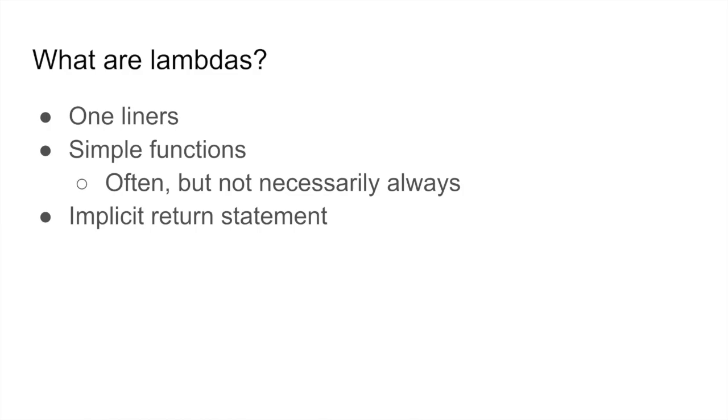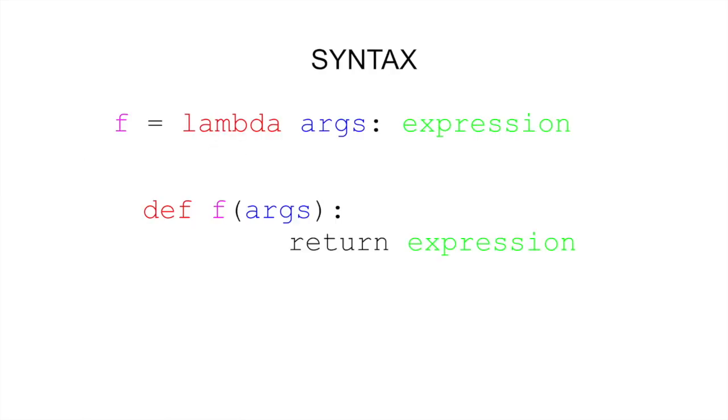So those are some of the features of lambdas, and we can start looking at them real quick to see how they apply to the syntax of how we use them. This is the lambda syntax, and I put it together with the syntax we usually use to define these one-line functions using def statements. The bulk of the lambda expression is to the right of the equal sign on the above line.